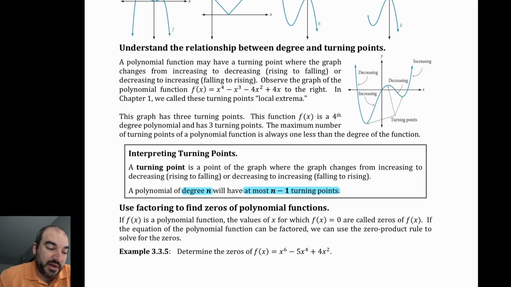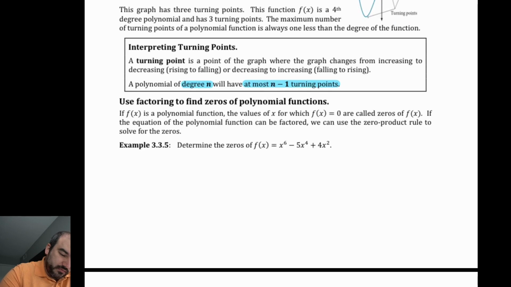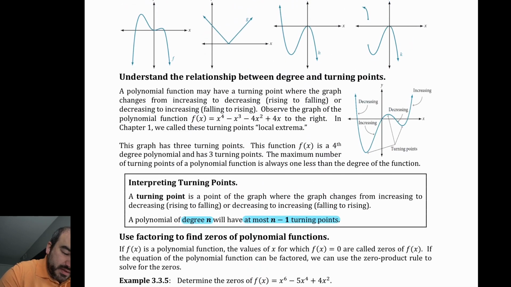Now 3 turning points, or in general, anytime you have an even degree polynomial, so the fact that this is even is important, we're going to have an odd number of turning points.